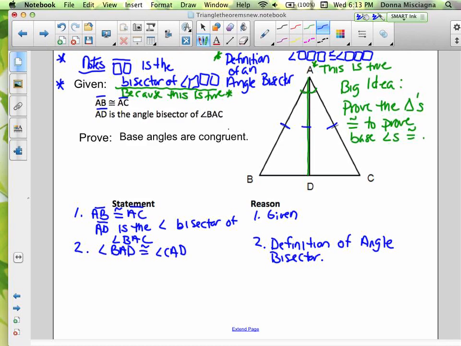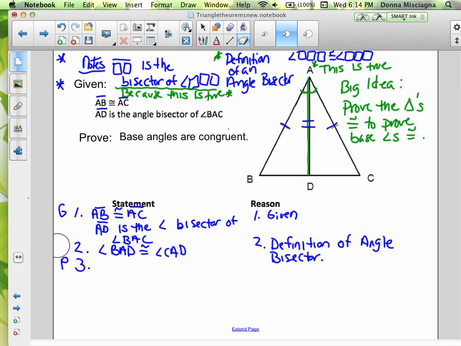Anytime you have a feature shared, an angle or a side, shared by two triangles, it has to be congruent to itself. So the first two pieces of information were given to us. I'm just going to put those little G's there to remind you. The first piece of information was given to us, number one there.